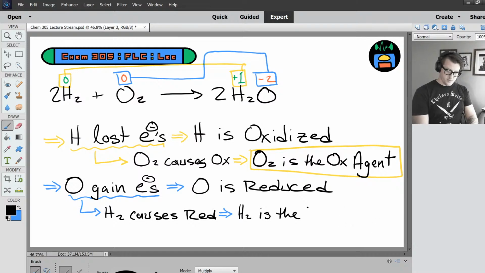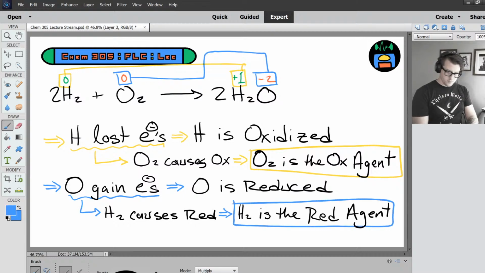Let me abbreviate to save some room. O2 is the oxidizing agent, the compound that causes the oxidation in hydrogen. H2 is the reducing agent because it is the compound that causes the reduction in oxygen.